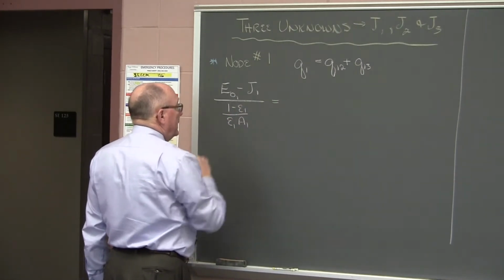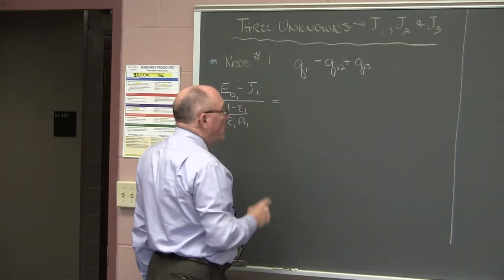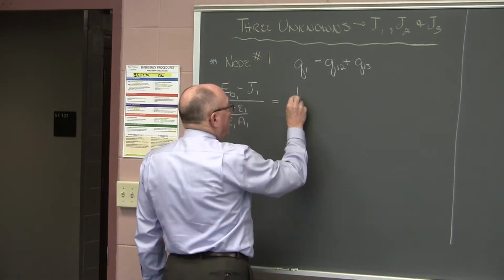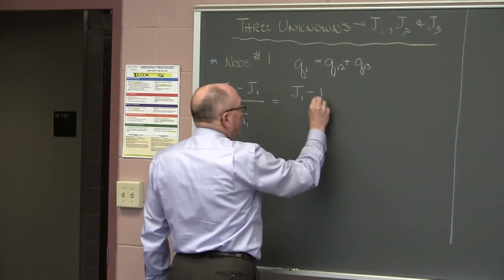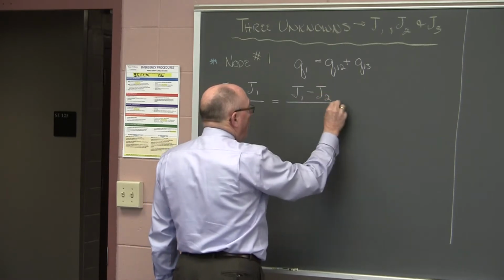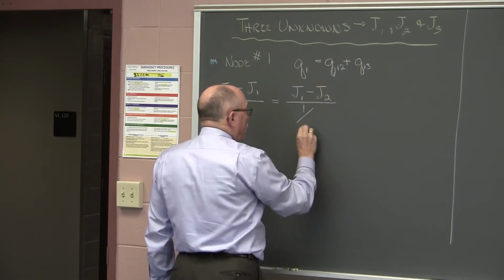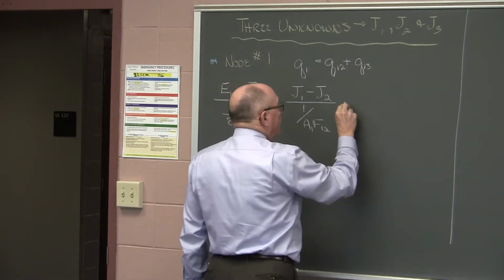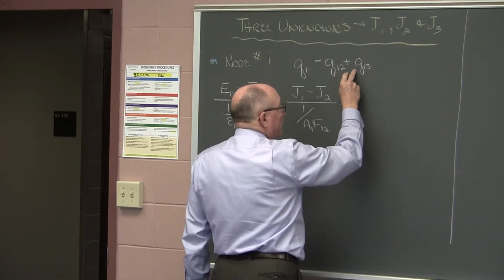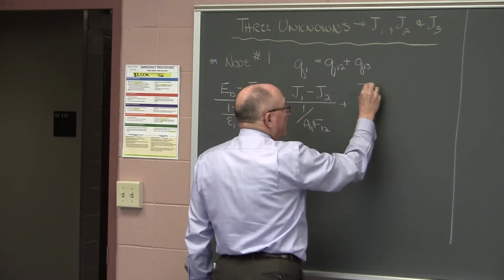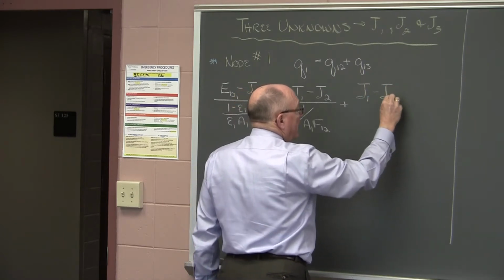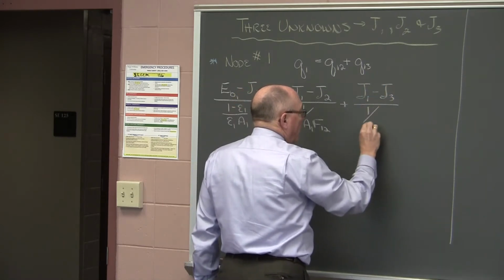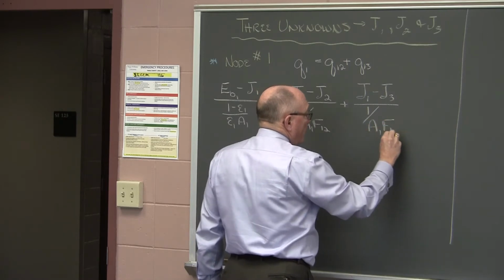And that must be equal to Q from 1 to 2, which is J1 minus J2 over 1 over A1 F1 to 2, plus heat transfer from 1 to 3, which is J1 minus J3 over 1 over A1 F1 to 3.